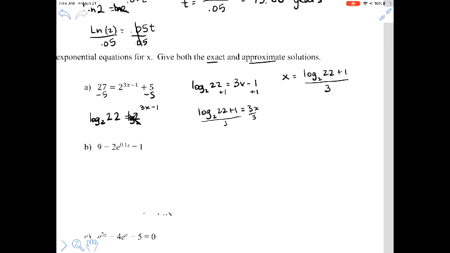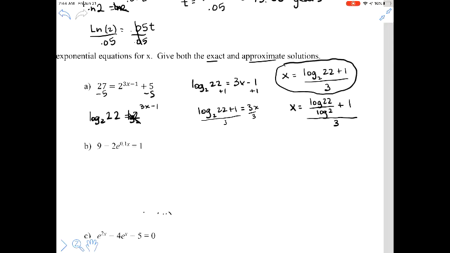The approximate solution I'm going to have to type into a calculator. Remember though, I don't have log base 2, so I'm going to have to use change of base. So I'm going to call this log 22 over log 2 plus 1, all over 3. That's what I would type into a calculator.